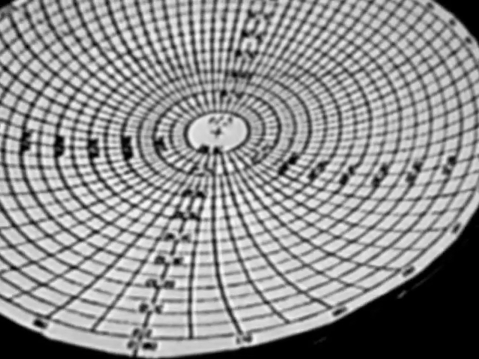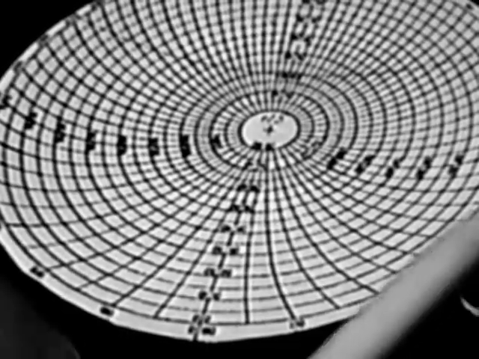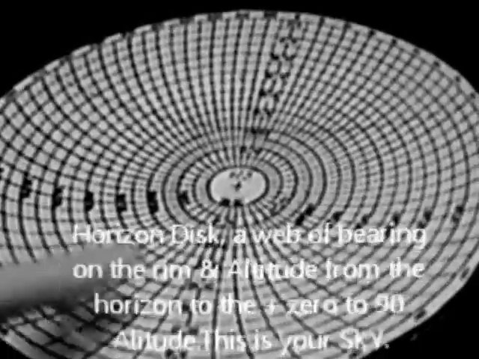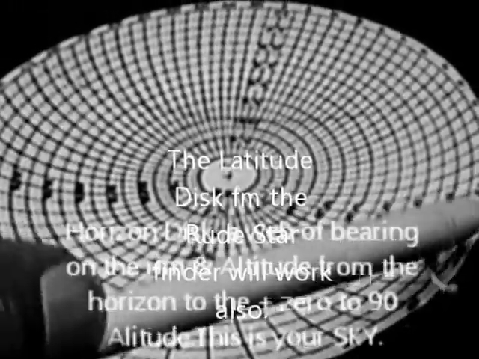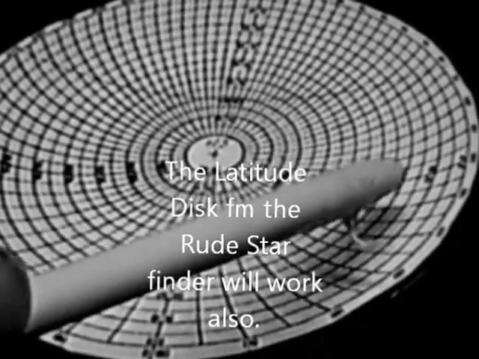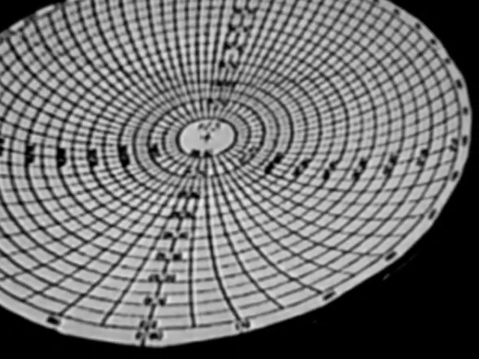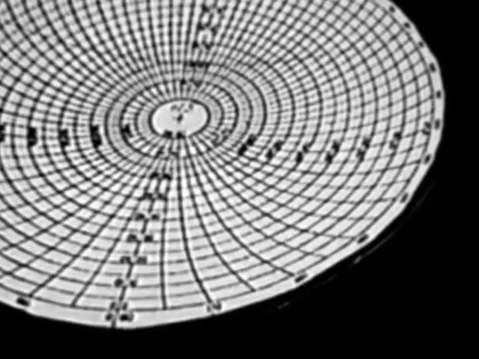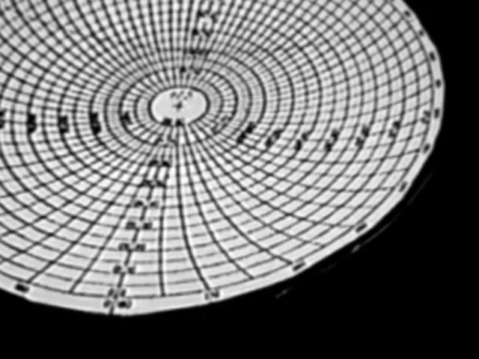Also, the star finder will have your position and your sky with bearings around the outer perimeter, 0 through 360, and also the height of anything that enters this grid, so that you can read off the bearings and the height once you set up the star finder.